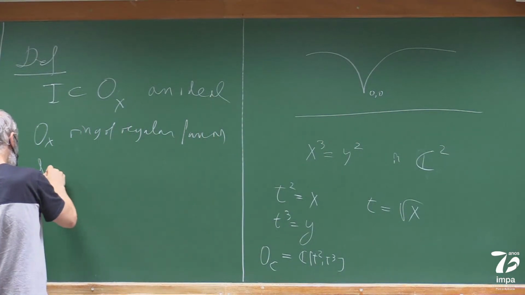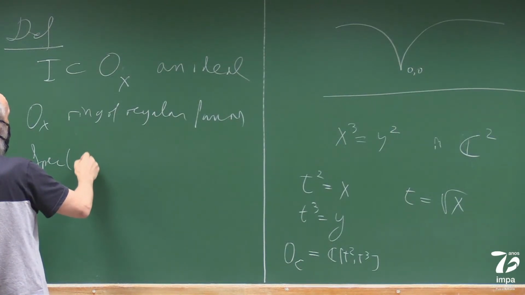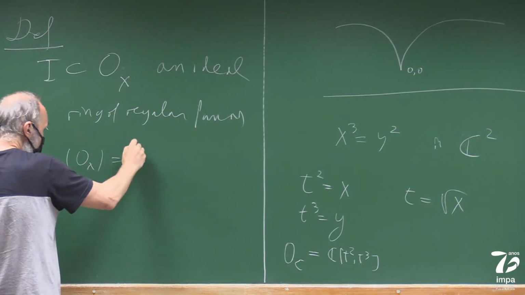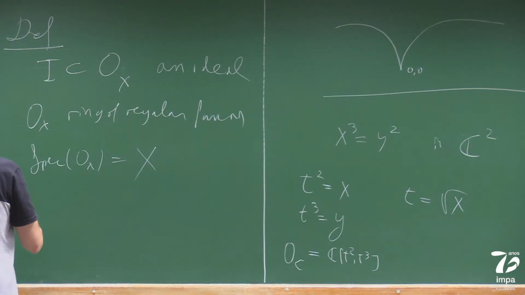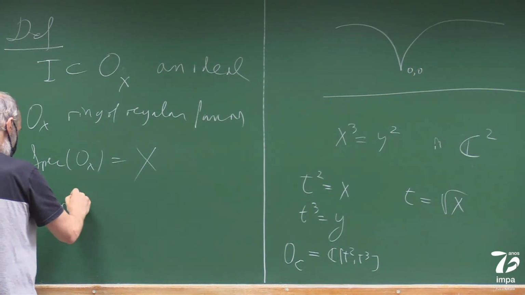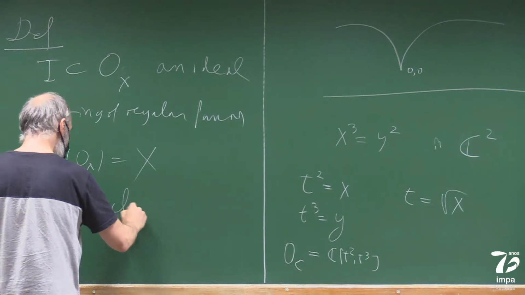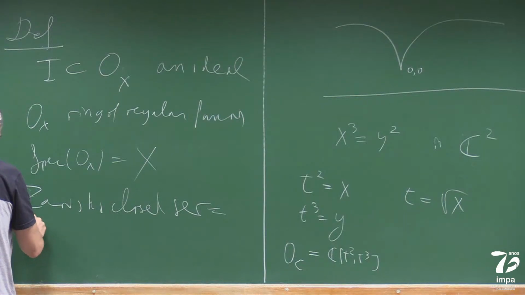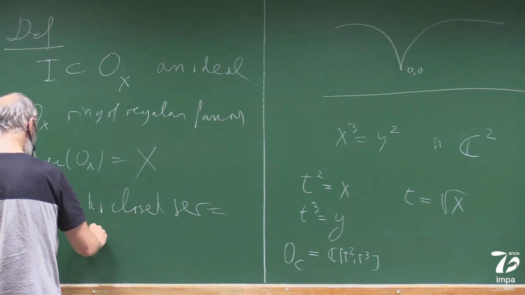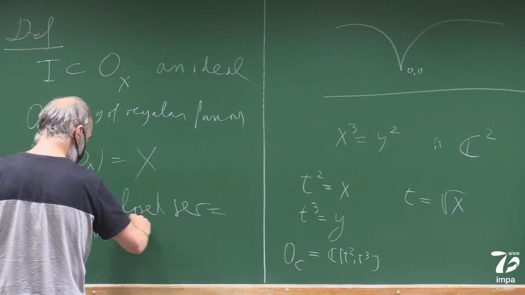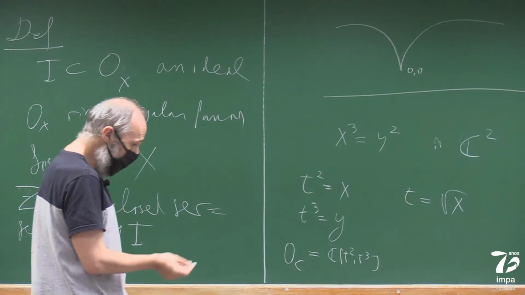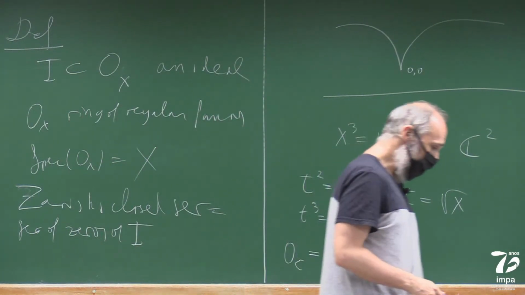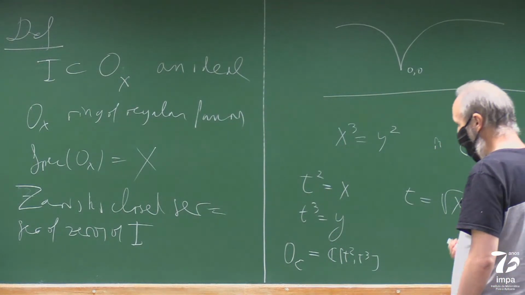You have the set Spec of O_X, which is our X, and the Zariski closed set is the set of zeros of I. So for each ideal, you have a Zariski closed set, and the Zariski closed sets are in one-to-one correspondence with the ideals.